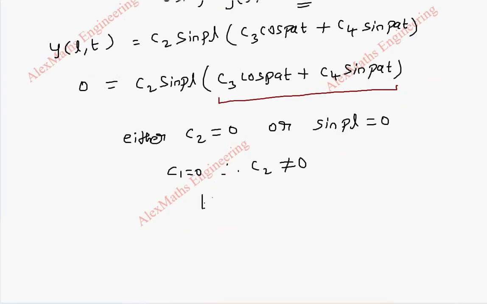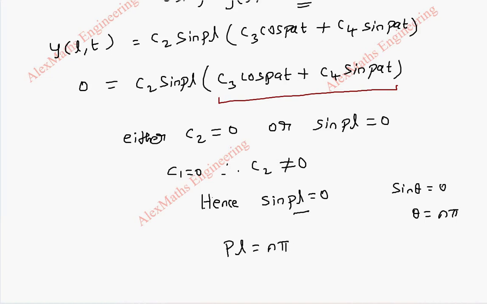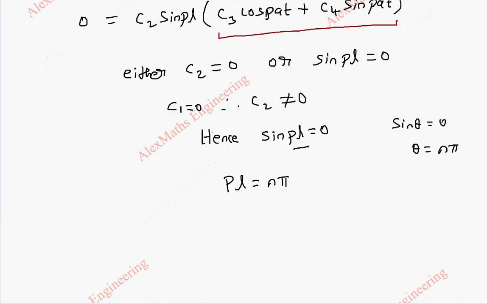Hence, we take the other choice, that is sin pL equal to 0. It means when sin theta equal to 0, theta is n pi. So pL equal to n pi, and from this we get the value of p, which is n pi by L. This again we are going to substitute in our solution.